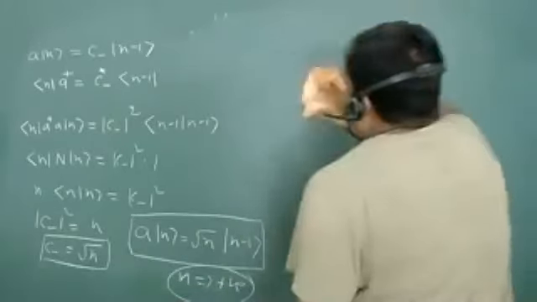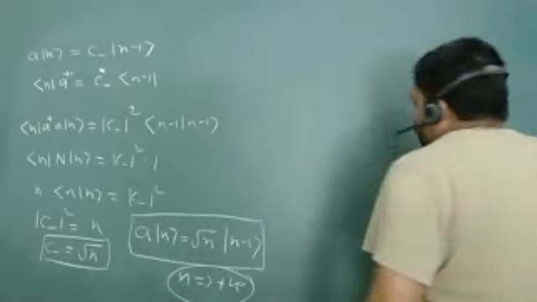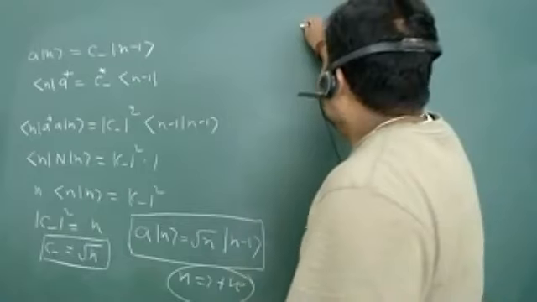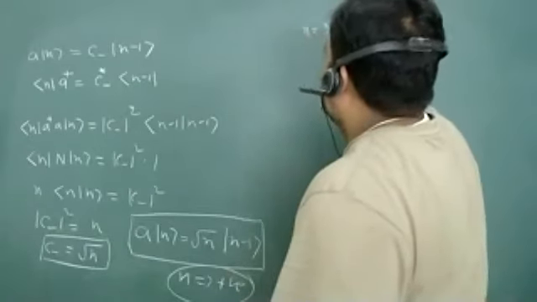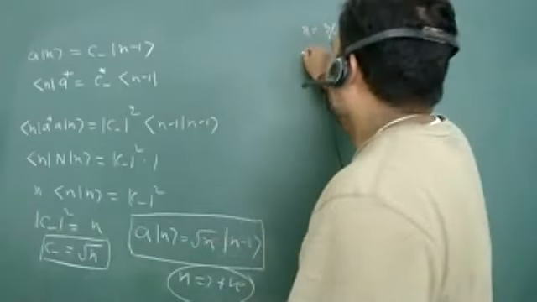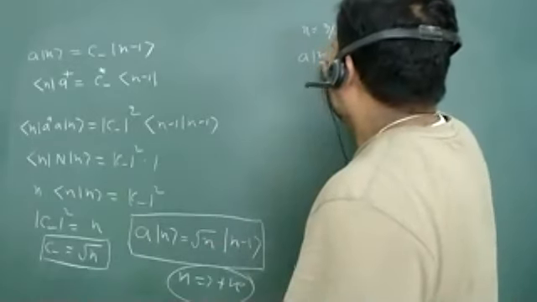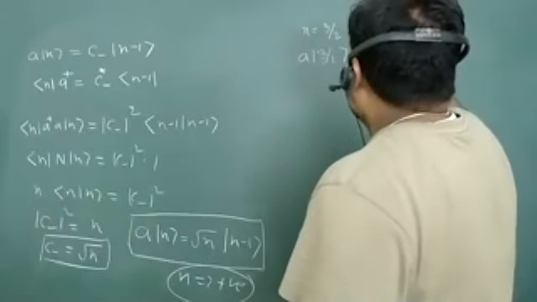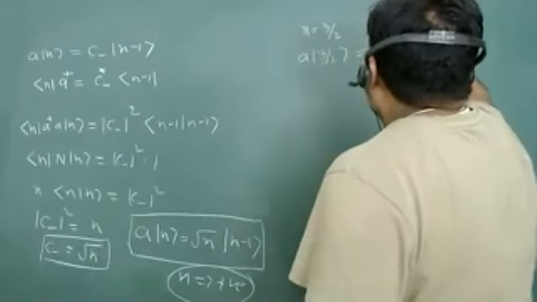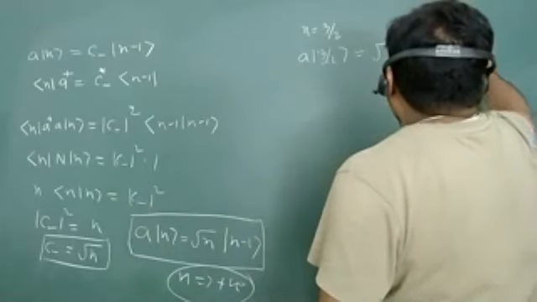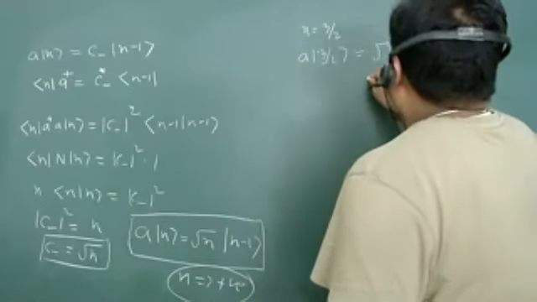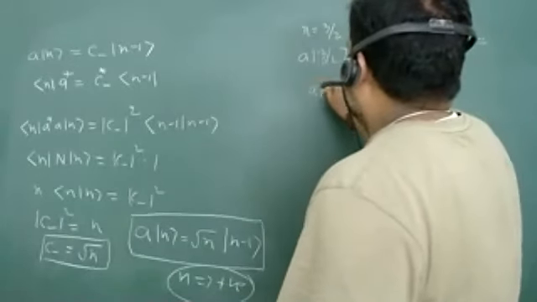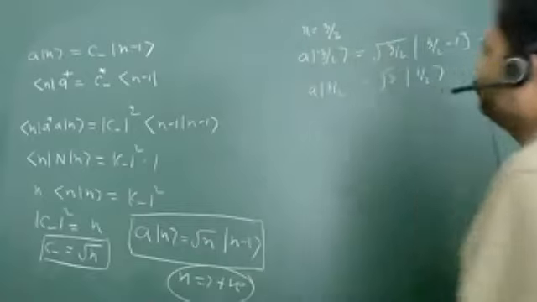Logic is very important in quantum mechanics, because mathematics alone will not satisfy each and everything. Now, let's say if n is equal to 3 by 2, I am just doing this as a child, then what will happen? A will operate on 3 by 2 and give us root 3 by 2, 3 by 2 minus 1, that is equivalent to root 3 by 2, half. So a will operate on 3 by 2, and this will give you half.